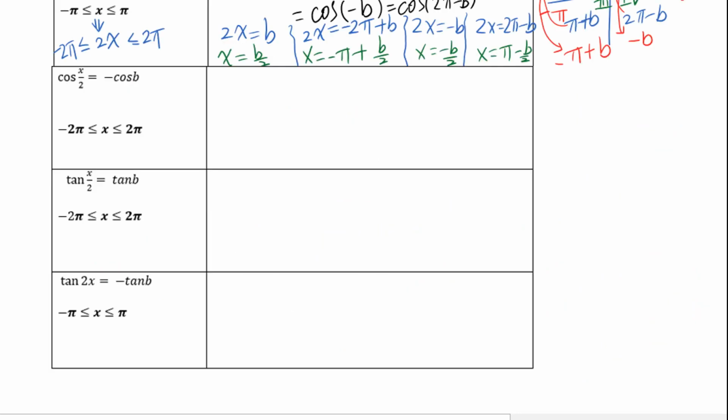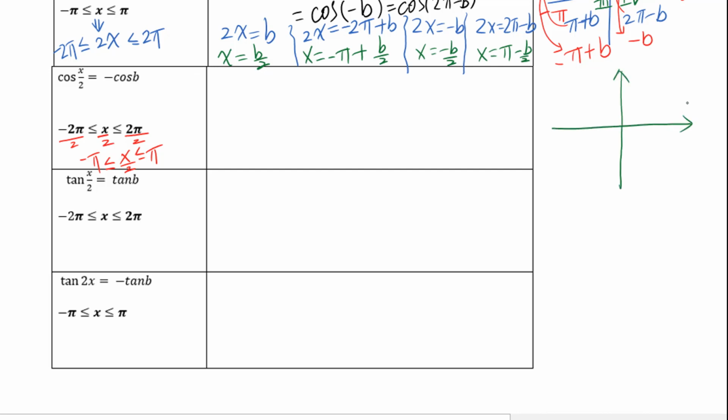Cosine x over 2 equals negative cosine b. So for this domain, we need to divide it by 2. You will get x over 2 is greater than or equal to negative pi, less than or equal to pi. We need to draw the diagram for the closed interval from negative pi to pi.